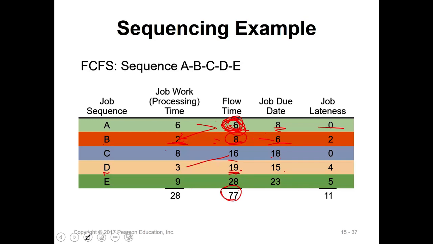Remember, in this last one, it is the total of all the flow time. So basically this column is calculated as the sum, but we do not calculate this one, we only calculate the job lateness sum.